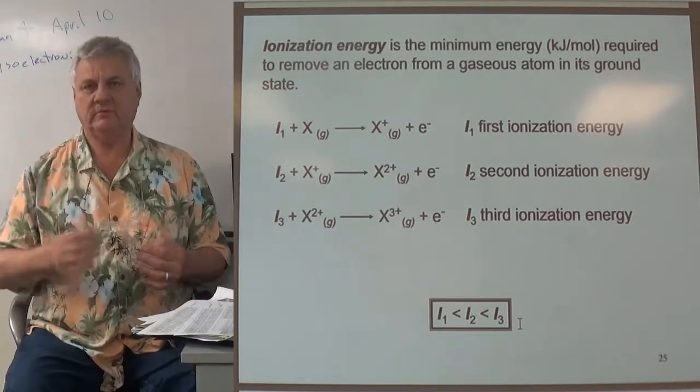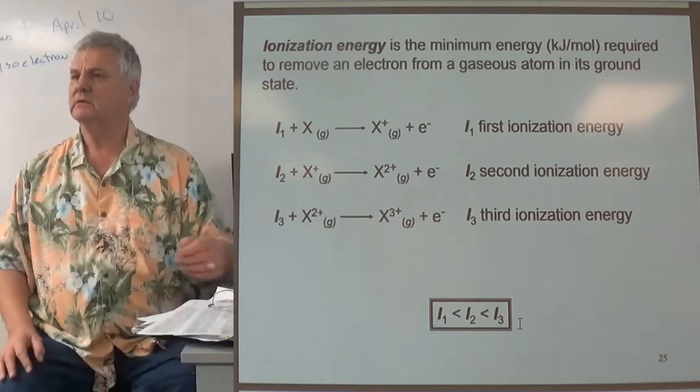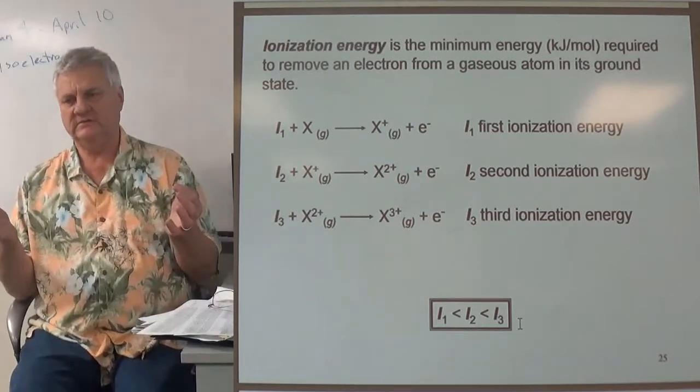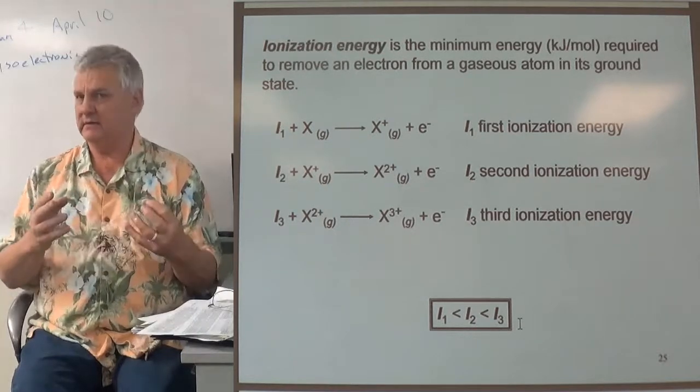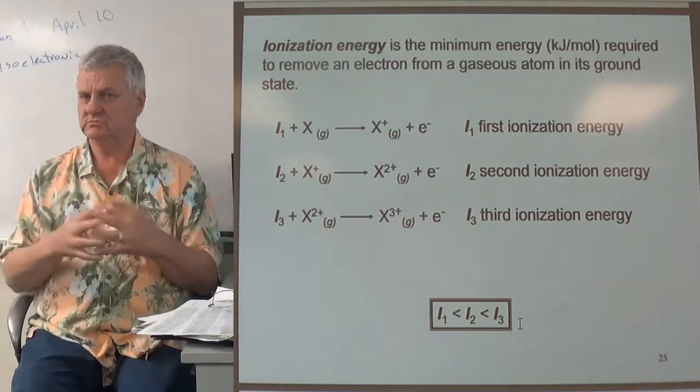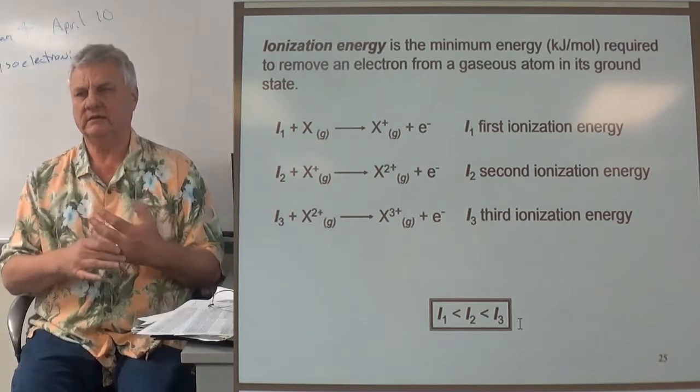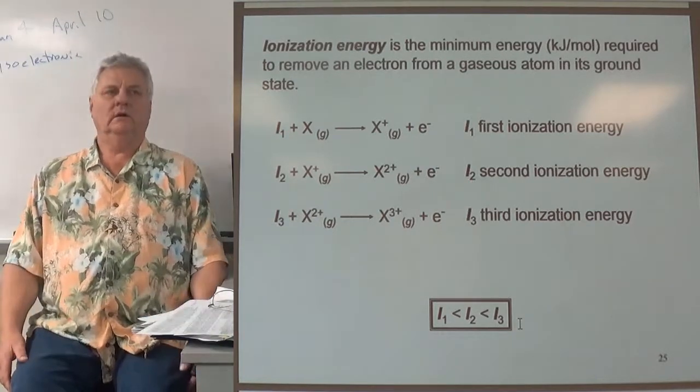Another periodic property on the periodic table is ionization energy, and it's the energy, the voltage required for an atom of an element to lose an electron and conduct an electric current.